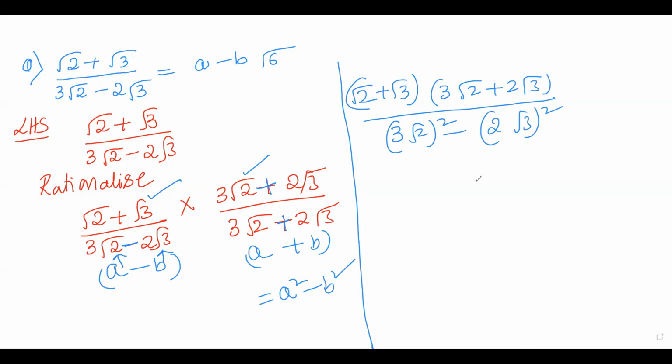Now let us simplify the numerator. Multiply root 2 into 3 root 2. Then root 2 into 2 root 3. Then root 3 into 3 root 2.